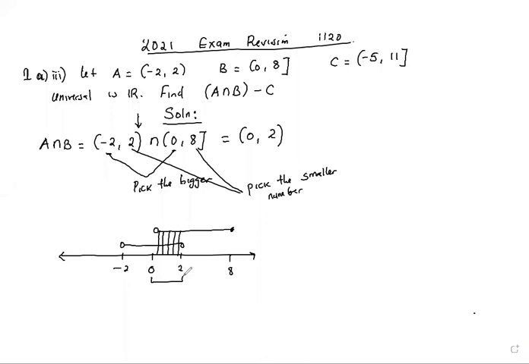You consider the closed and open. If the number you're picking is closed, then you pick the closed. If the number you're picking is open, then you pick the open. So that's for both numbers. The first number that you pick, the smaller number, or maybe it's just for the last number, the bigger number.